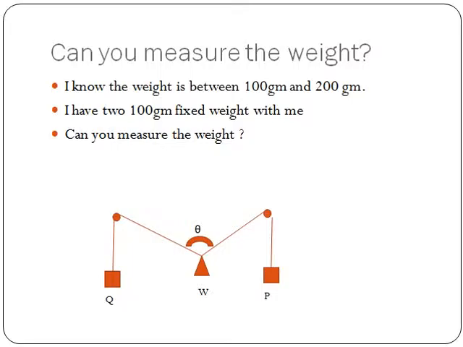W is the vector sum of P and Q, so you know the formula: root of P square plus Q square plus 2PQ cos theta. You may know all these formulas, but at the same time you should understand the physical concept of vector addition. So we will go to the next slide.